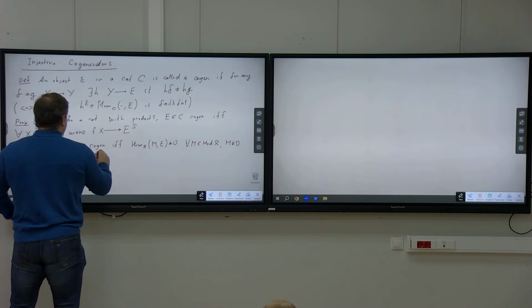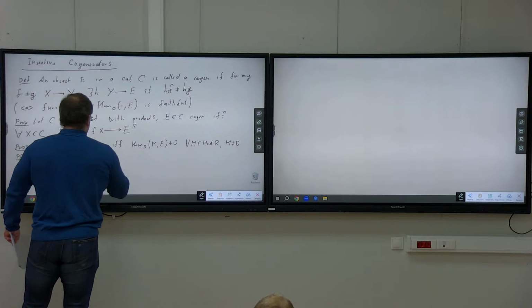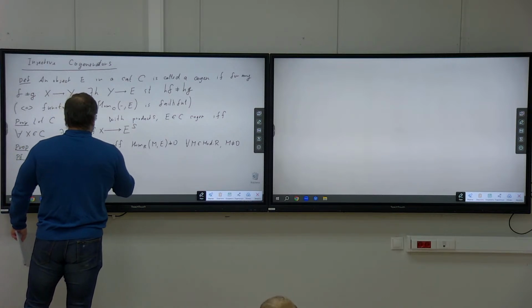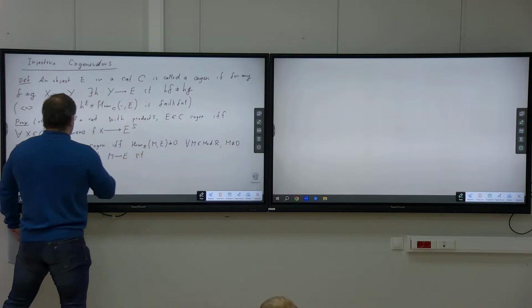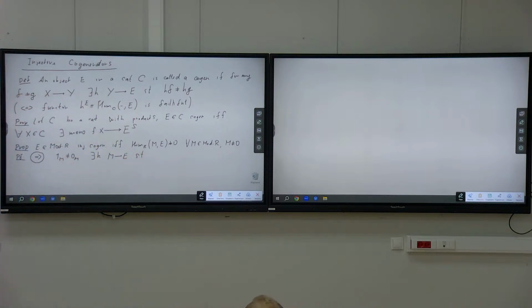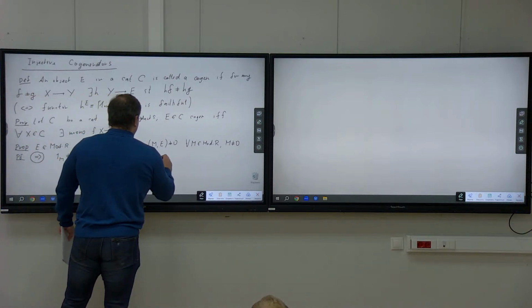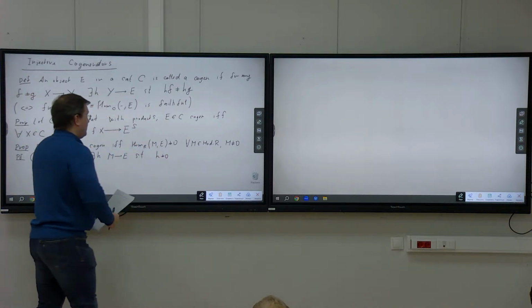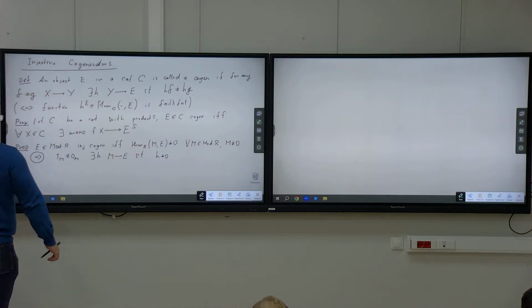Hence, there is a map h. So in this case, X and Y are just equal to M, so from M to M, and by definition there should be a map h from M to E such that these two compositions are not equal, but one composition is zero and the other composition is just h. So h is not equal to zero. Hence, in this Hom, there is a nonzero element. So that's all we need to say in one direction.